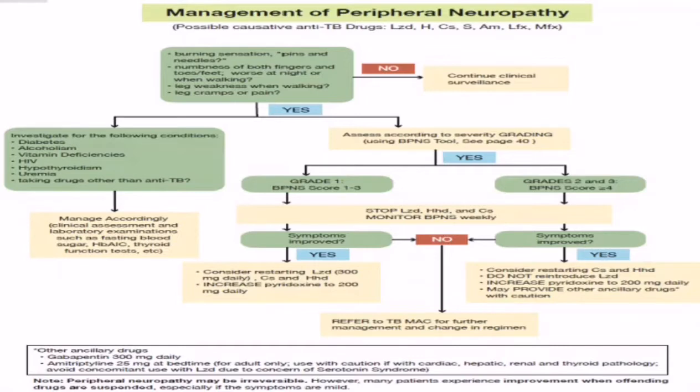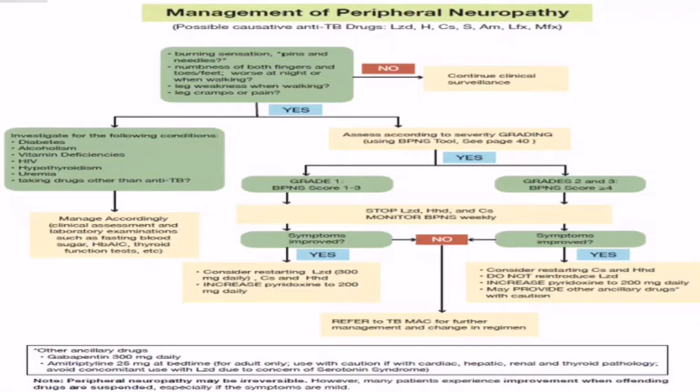Now, all our drug-resistant TB patients taking linezolid should receive at least 50 milligrams of vitamin B6 daily. This is largely to prevent myelosuppression, but may also prevent peripheral neuropathy.